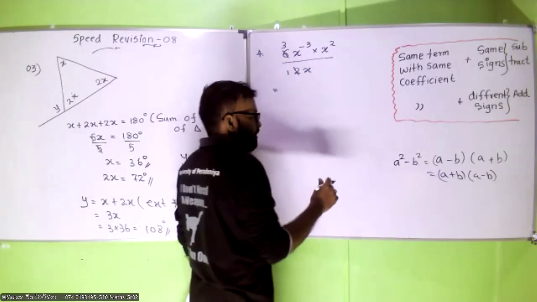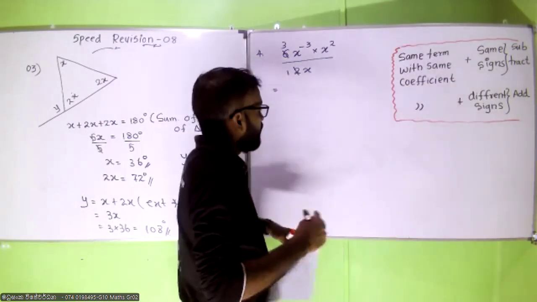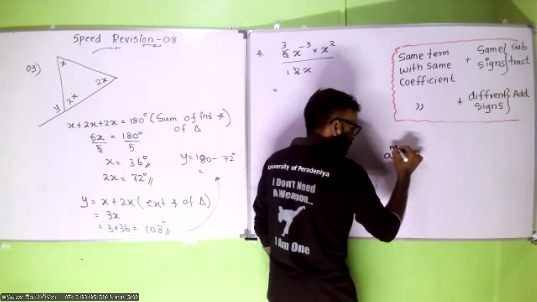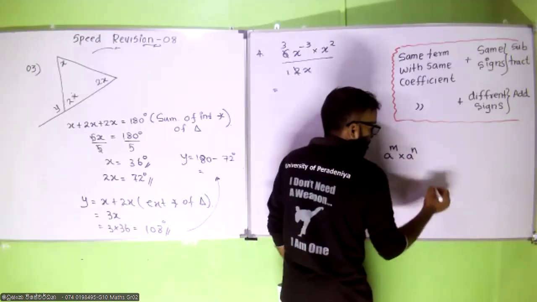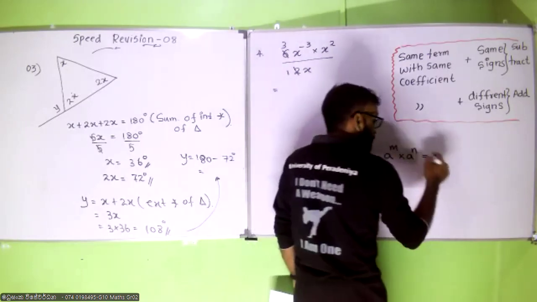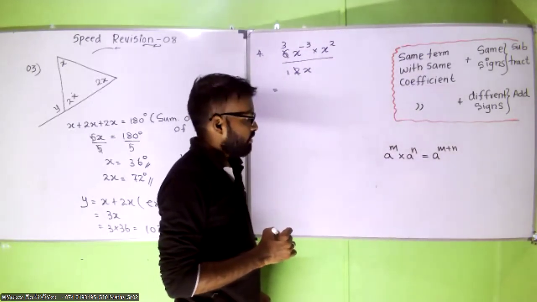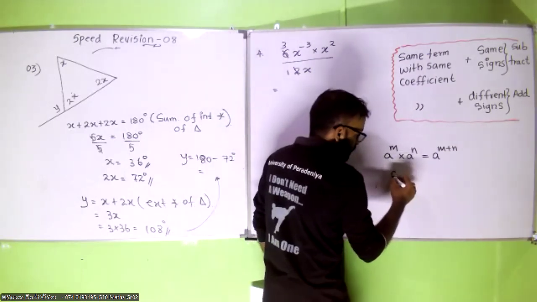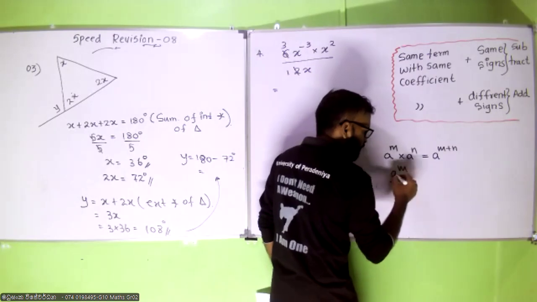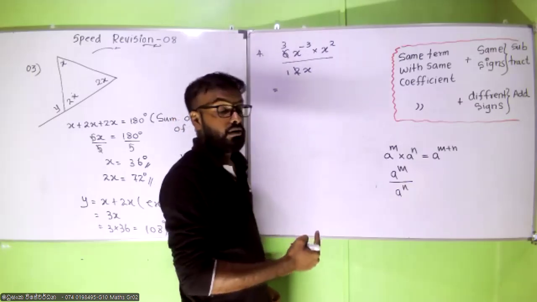If I give you a quick reminder about the laws of indices: if you have the same base, say a to the power m multiplied by a to the power n, it will be equal to the same base, and you can add the powers, a to the power m plus n. This is law number 1. If you have a to the power m divided by a to the power n, how are we going to do that?